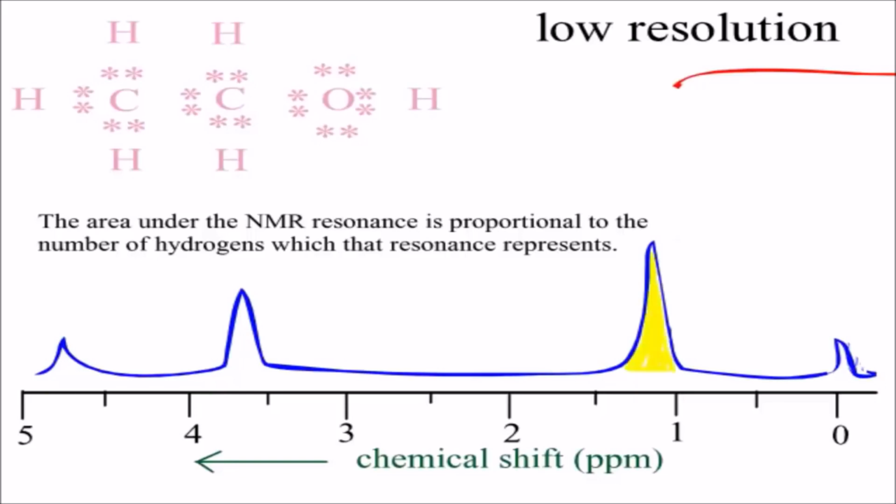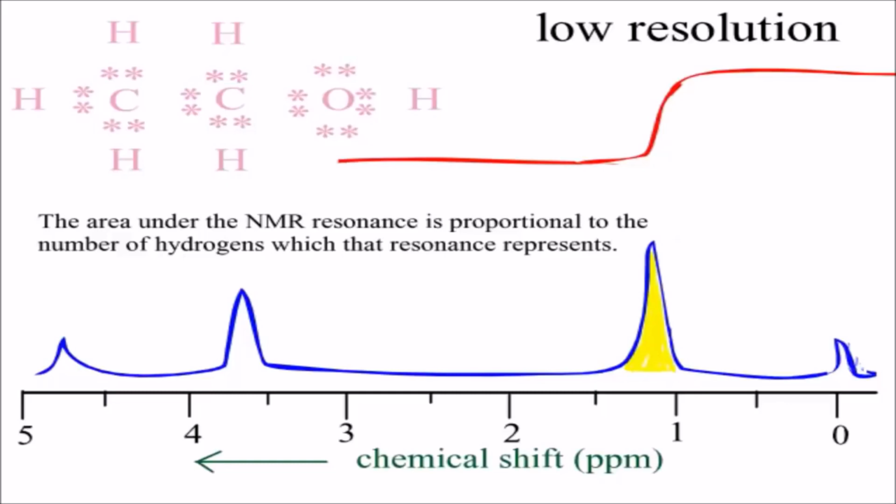It would be difficult, of course, to work out the area under these peaks. So instead, the NMR spectrometer uses a process of integration to produce, as you see in this red line, an integration trace. And you'll see how that can be used to get the ratio of protons in the different environments.